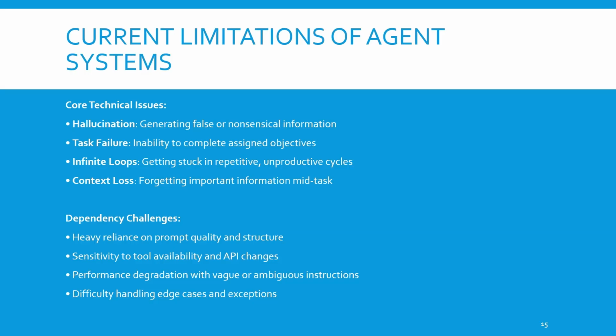They depend heavily on the context and the quality of initial prompts and instructions. Small changes in the words can dramatically affect their performance. They are also sensitive to changes in the tools and APIs they depend on, and often struggle when faced with edge cases or scenarios outside the training experience.